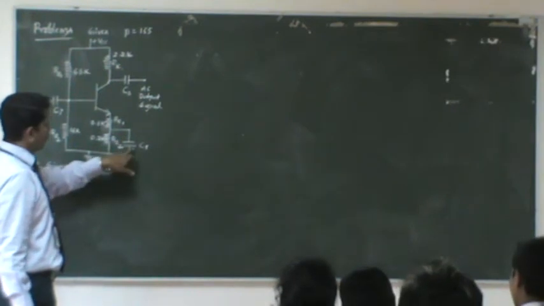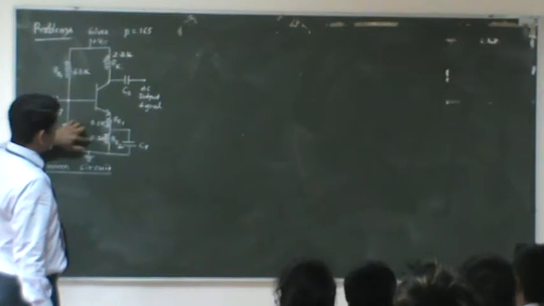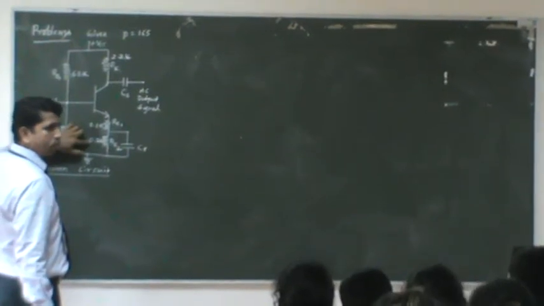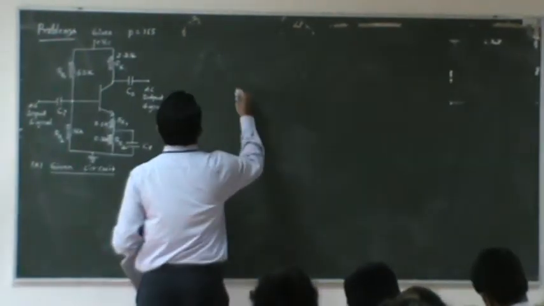Also see that if you remove the capacitor here, these can be combined into a single resistance. 0.1 plus 0.7 becomes 0.8 kilo. You can write it here.